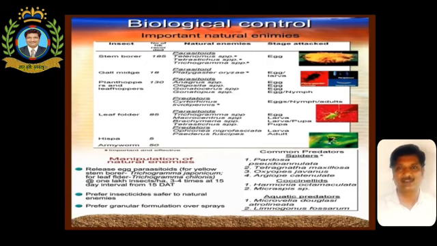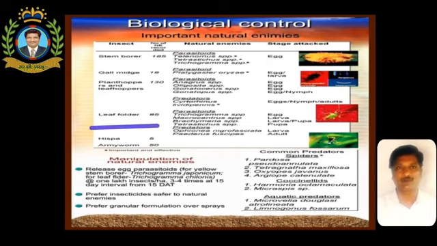Also, different predators such as Cyrtorhinus lividipennis, which predates on all the stages of egg, nymph and adult of plant hoppers, is also preferred.